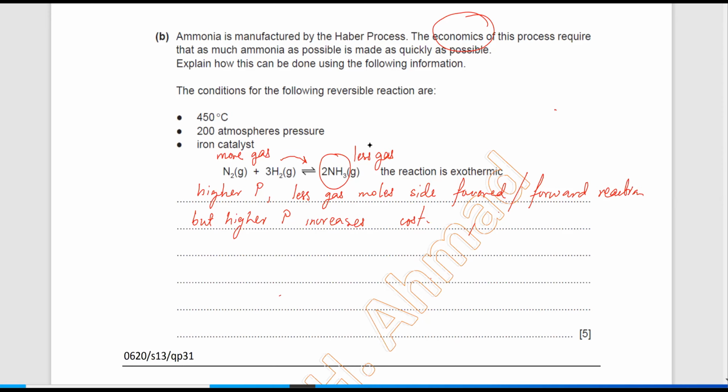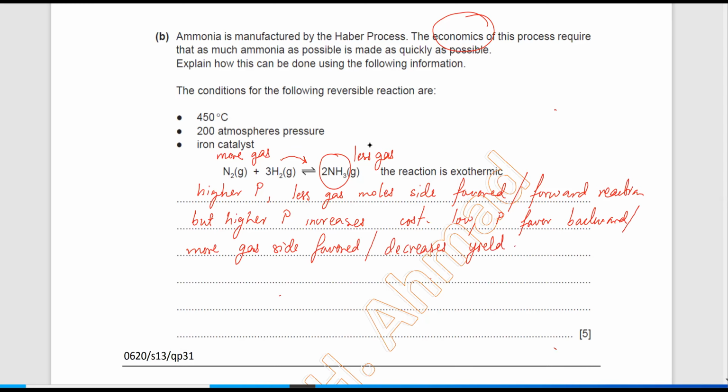So low pressure would favor backward. Because backward has more gas moles. More gas mole side is favored. Which means it decreases yield if the reaction goes in the backward direction. ठीक है.